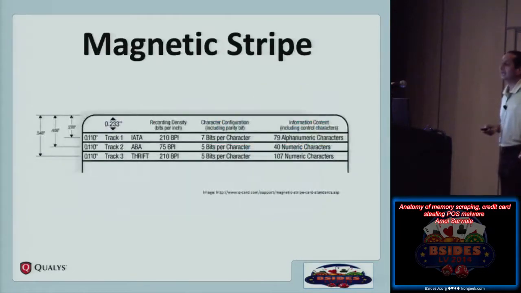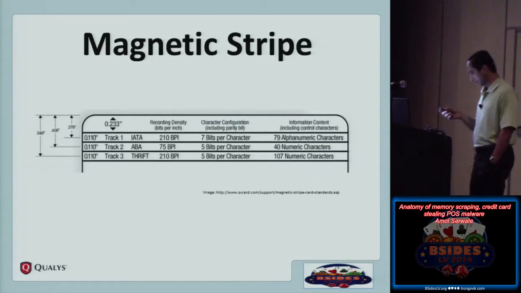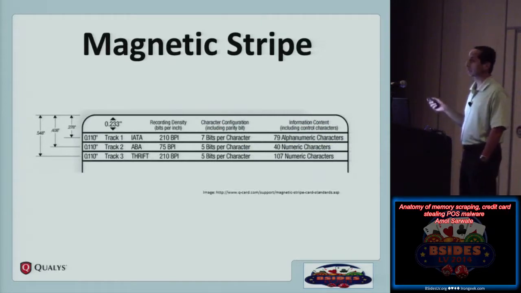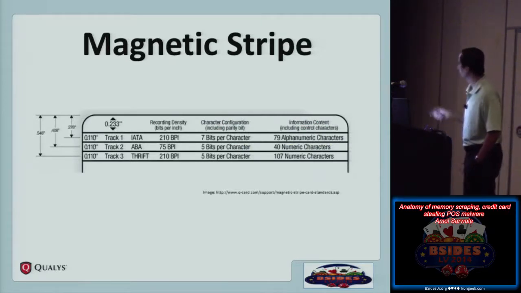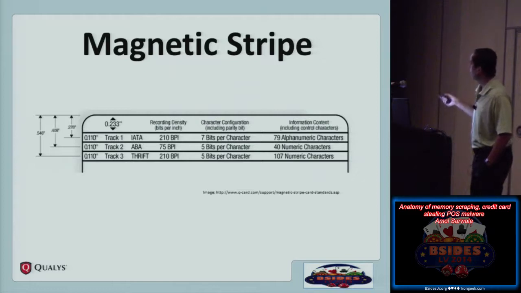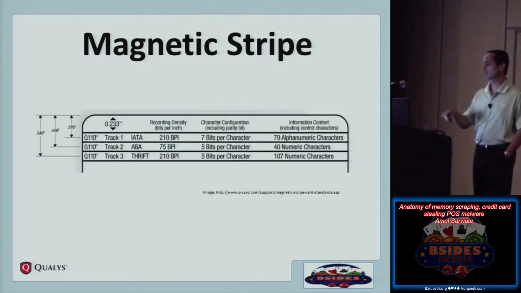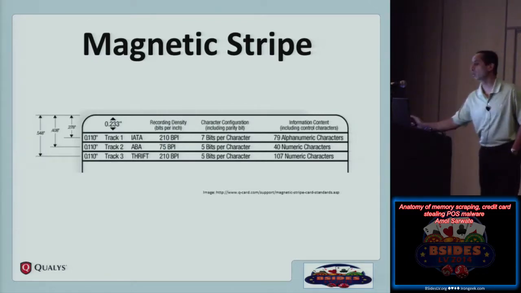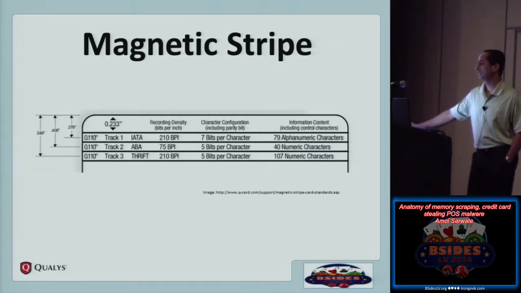Now let's take a look at the magnetic stripe. This image is from qcard.com. I didn't draw it. Thank you, qcard. A typical magnetic stripe has 3 tracks. You may already know about it, but let's just go over this pretty quickly. Track 1 has 210 bits per inch.